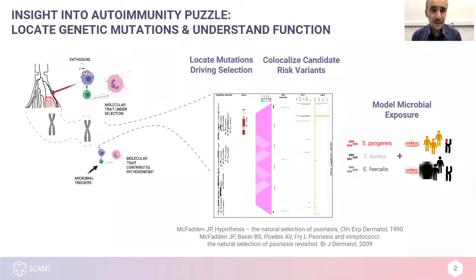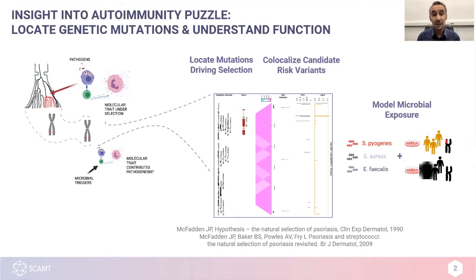Now, why is this a puzzle? The thing is that our immune system has evolved to fight pathogens and also interact with symbionts. Both pathogens and symbionts are structurally similar. They are viruses, bacteria, and fungi. The key thing here is that the immune system has evolved, and we expect to see some genetic imprints in our human genome.